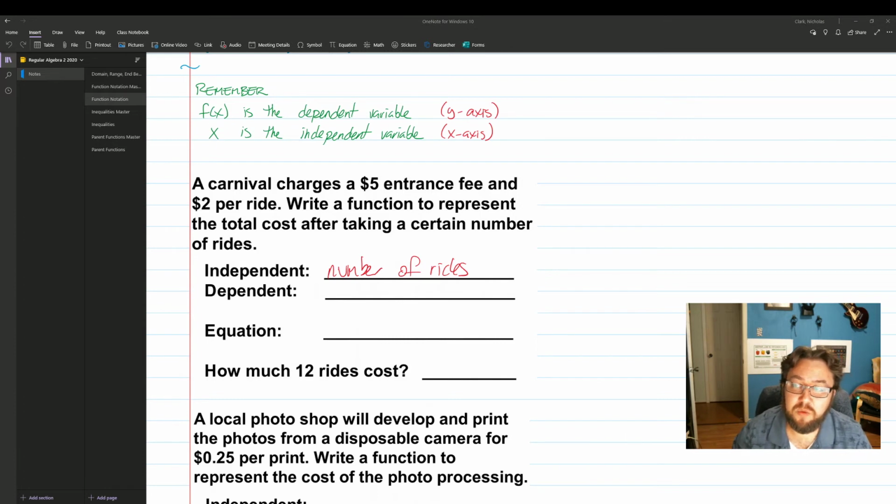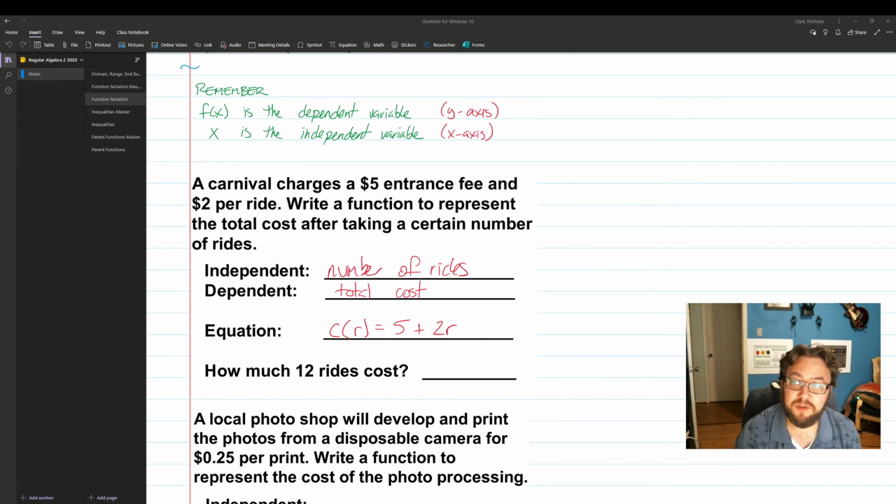The dependent would be the cost, because the cost depends on the number of rides. So total cost. And I say total cost because we have an entry fee cost and a ride cost. Our equation, the cost, depending on the rides, is equal to the $5 entry fee plus $2 per ride.